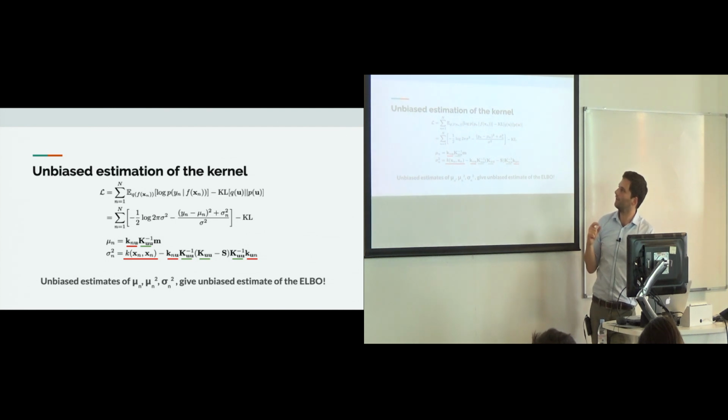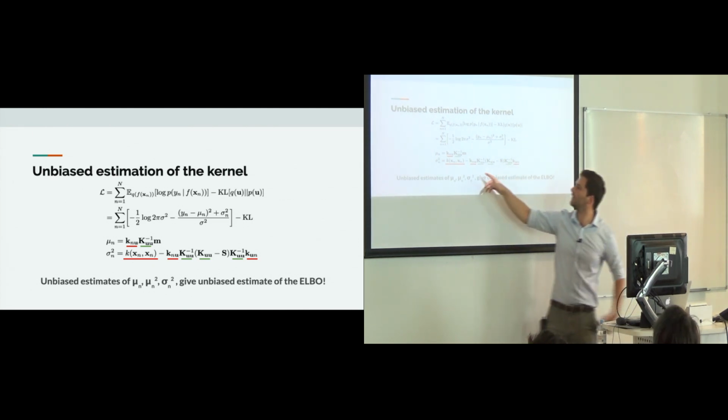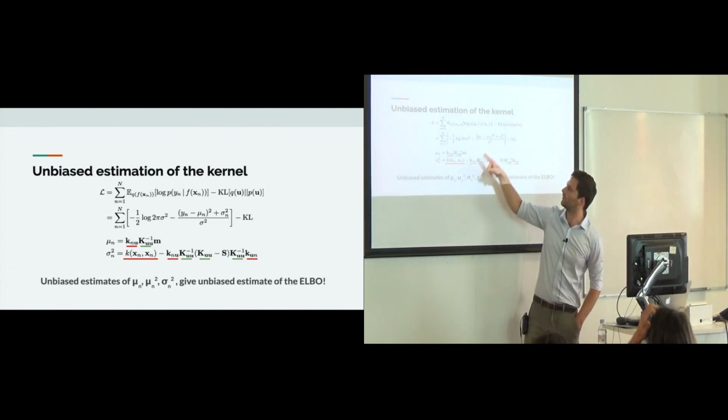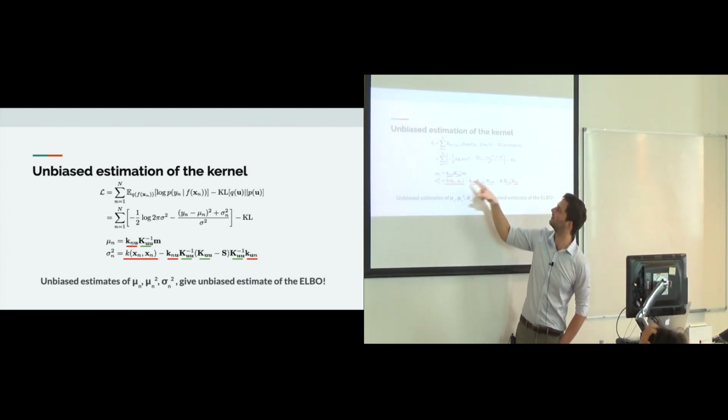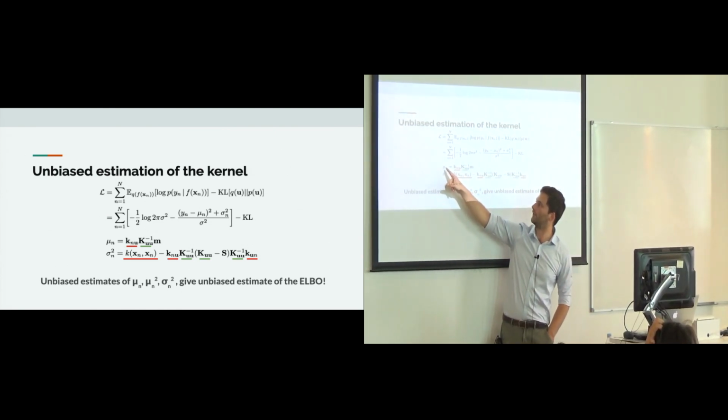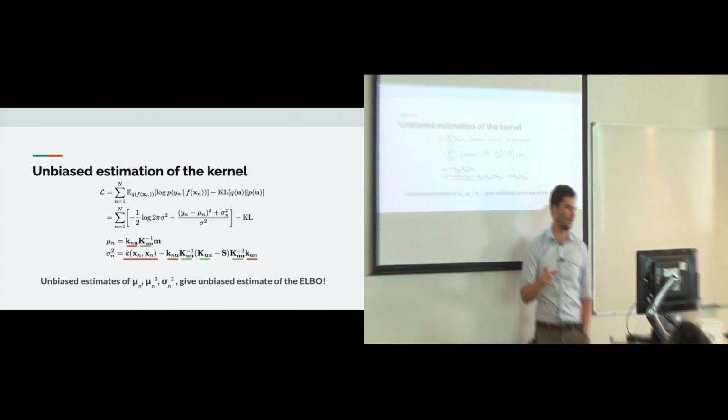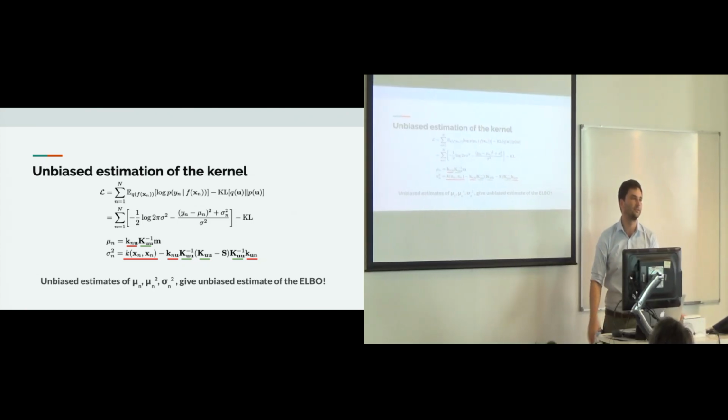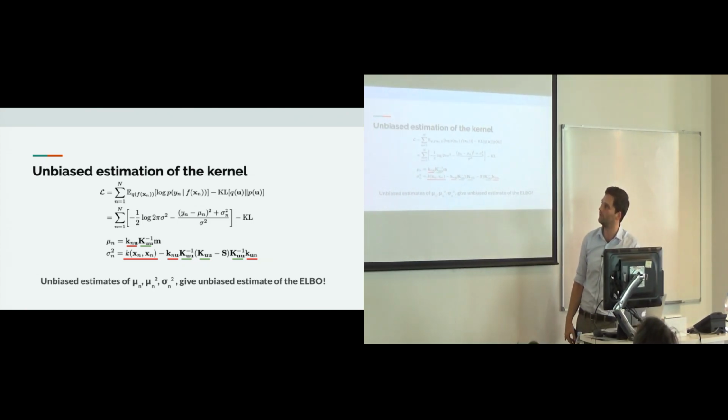So essentially all we really need in order to evaluate this bound is some kind of unbiased estimate of this predictive mean and this predictive variance, right? Because if we get a noisy unbiased estimate of the objective function that we want to compute, then we can use stochastic gradient descent in order to still optimize it.